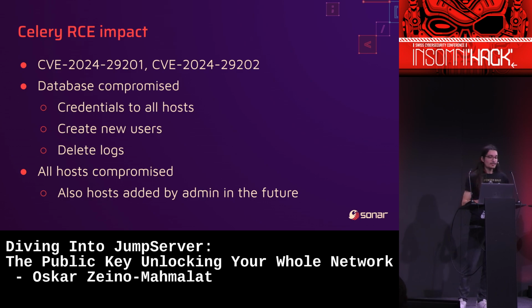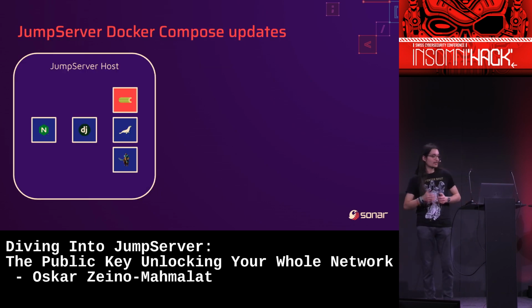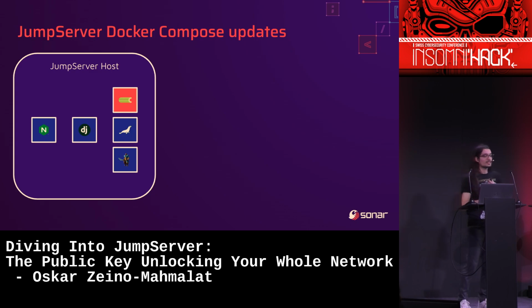So to that last point, there's of course still a slight catch. We can still go even one step further, even after doing all of this, because what happens if they just update? JumpServer usually runs on a single host system using Docker containers, and they use Docker Compose to manage all these different containers.